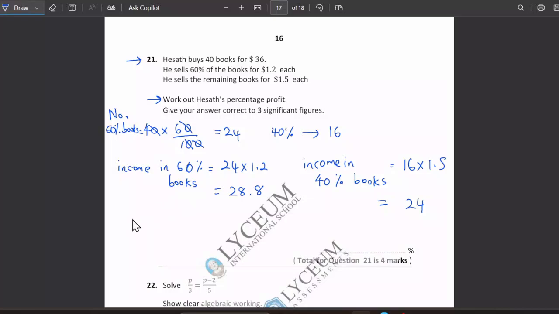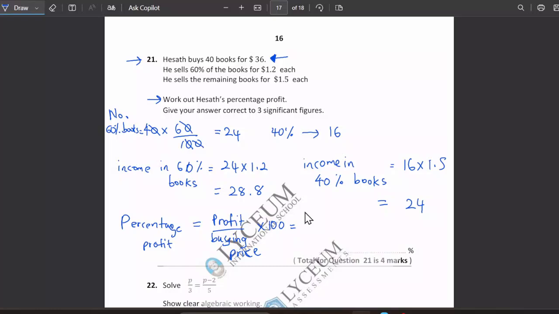Okay. So percentage profit, we can get profit divided by the buying price, times 100.